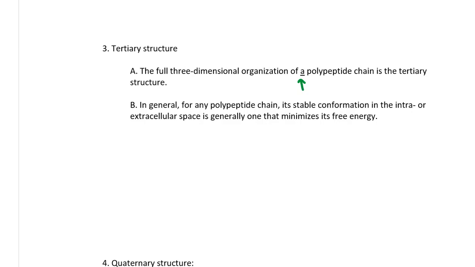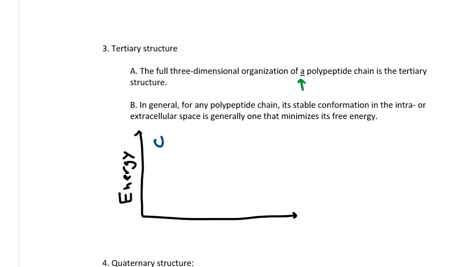So just the way we had reactions and we had a delta G, you can have a protein in a completely unfolded random state. So we're just going to say unfolded. So UF for unfolded, which would be a high energy state, and it will move down to the lowest energy state possible, and that will be its folded state, so F, where it will achieve its tertiary structure.